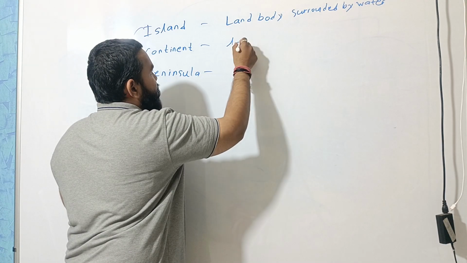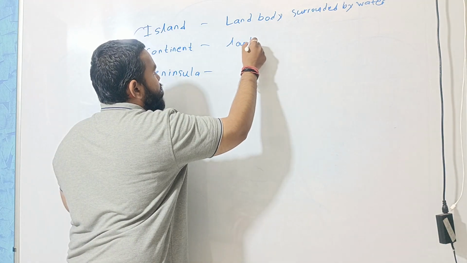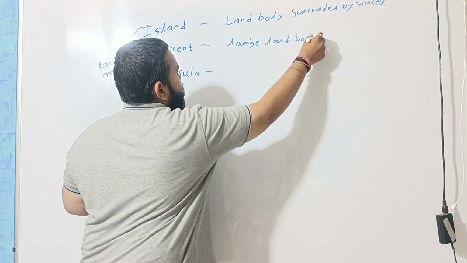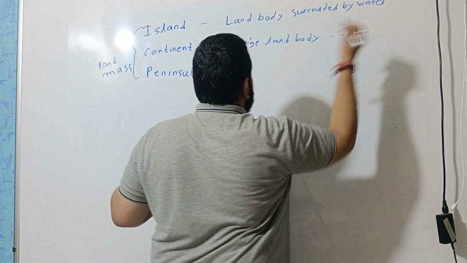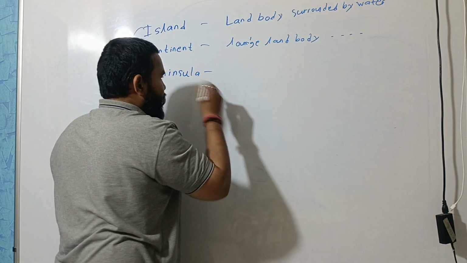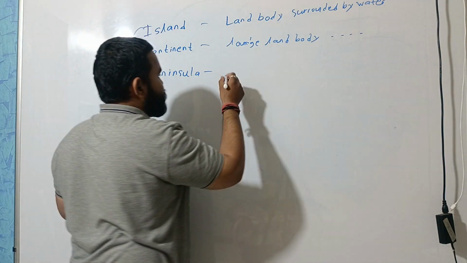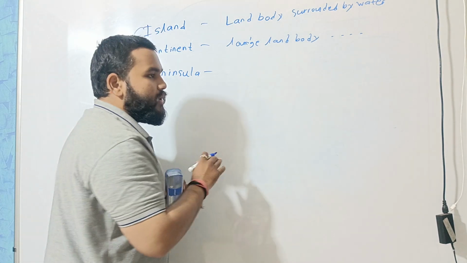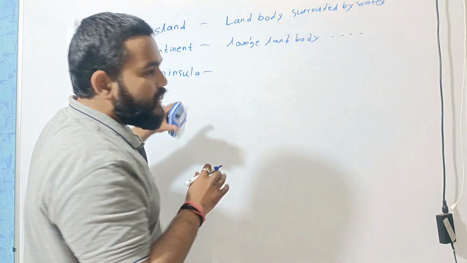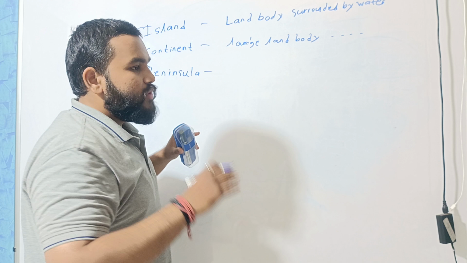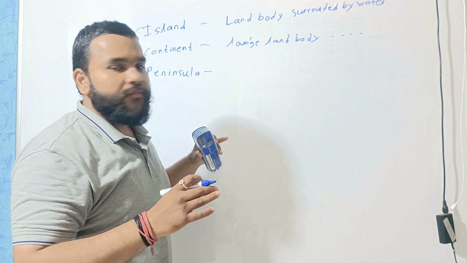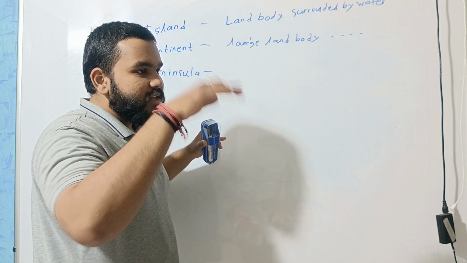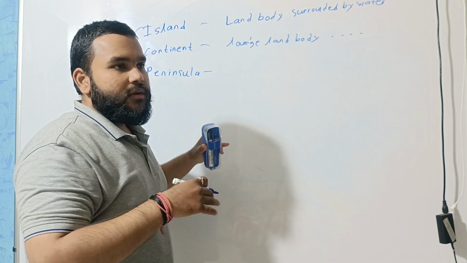A continent is a large land body surrounded by water. But a peninsula is a land body surrounded by water, same as a continent, with one slight difference. In a peninsula, water is available on only three sides.